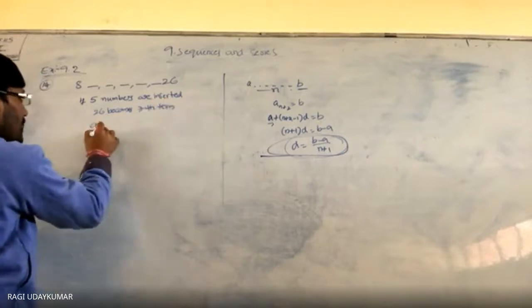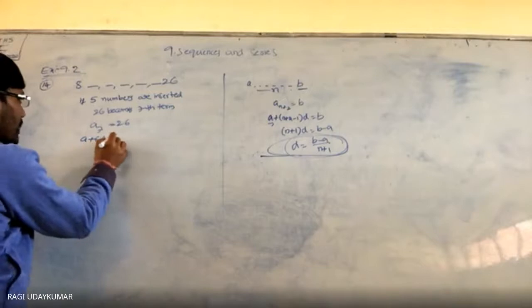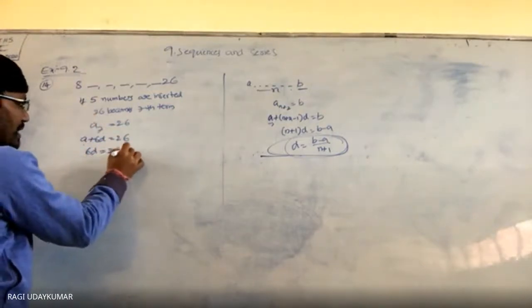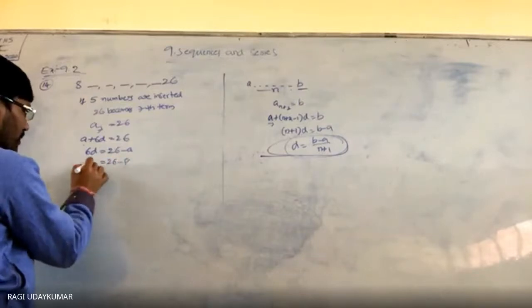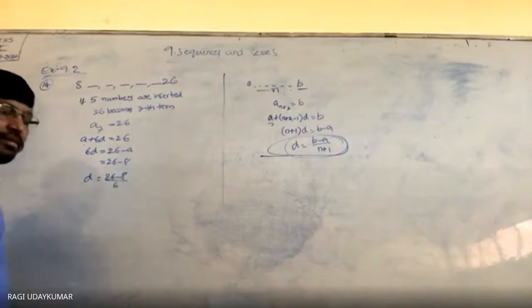So a7 is equal to 26. So a plus 6d is equal to 26. What is a? It is 8. So 6d is equal to 26 minus 8, and d is equal to 26 minus 8 by 6.